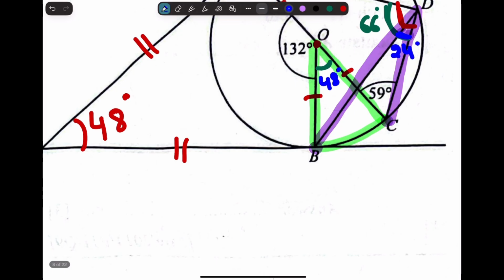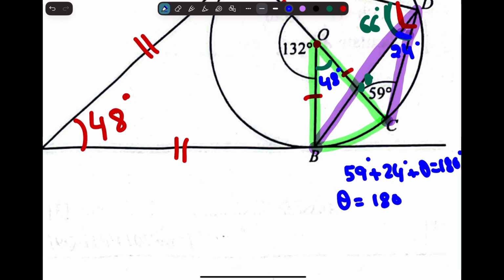So 180, 59 plus 24, let's call this angle theta, plus theta is equal to 180. So theta is going to be 180 minus 83 degrees.